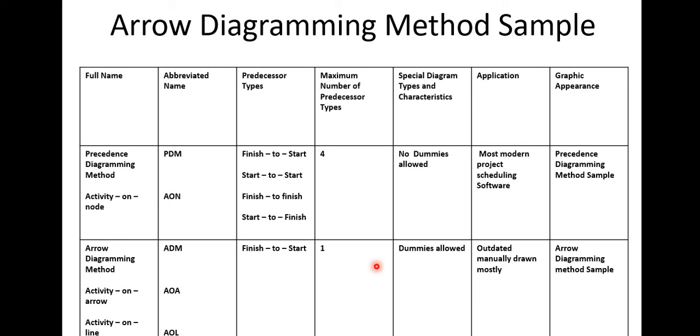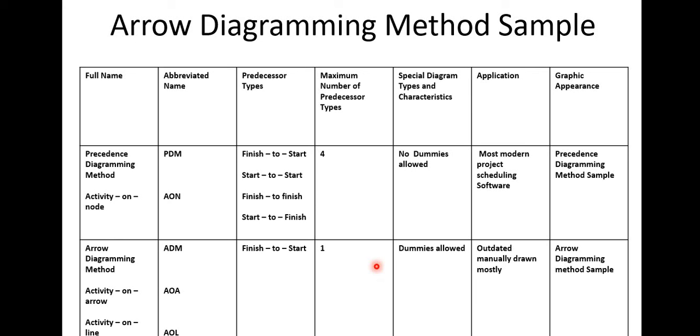Now, let's quickly compare the two. Like I said, PDM is also known as activity on node, and ADM is also known as activity on arrow or activity on line. And then the next thing here is to talk about their predecessors. PDM allows for predecessors that are finish to start, which we're going to talk about in the next slide, start to start, finish to finish, and start to finish, while ADM only allows finish to start.